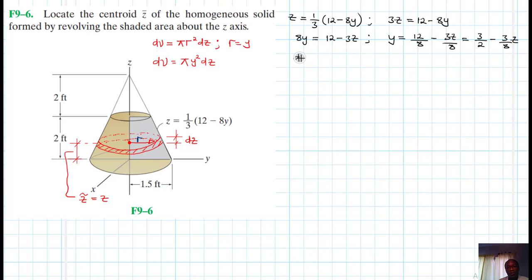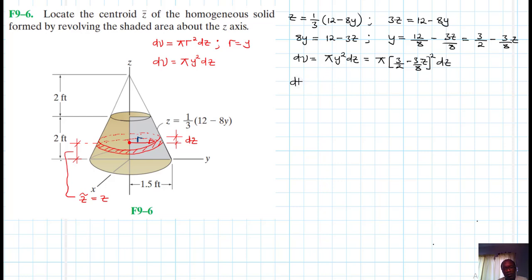Therefore, replacing y, our dV is just pi y squared dz, and this is equal to pi times (3 over 2 minus 3 over 8 z) squared dz. Alright, so let's expand this.